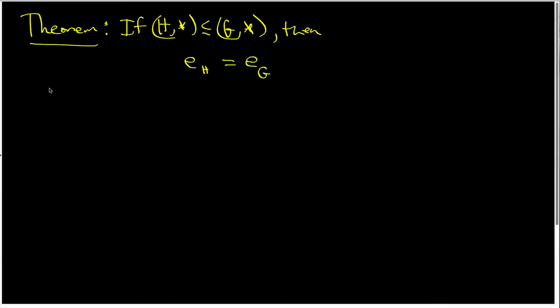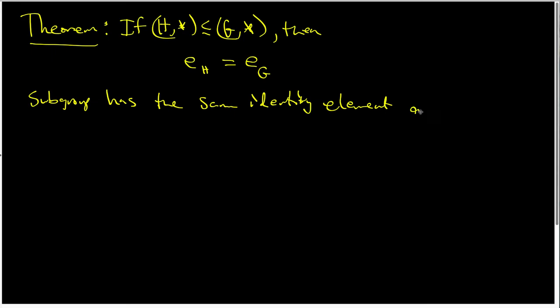In other words, what this says in English is that the subgroup has the same identity element as the big group.